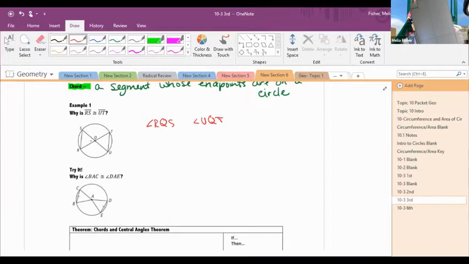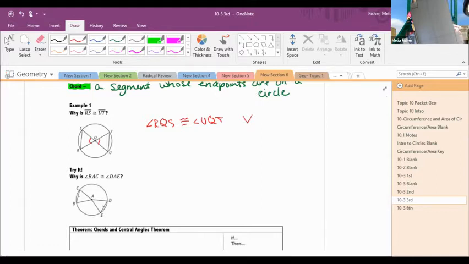They are the same, so they're congruent. Why are they congruent? Because they're opposites.